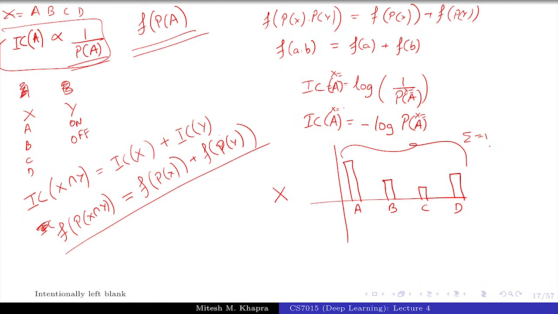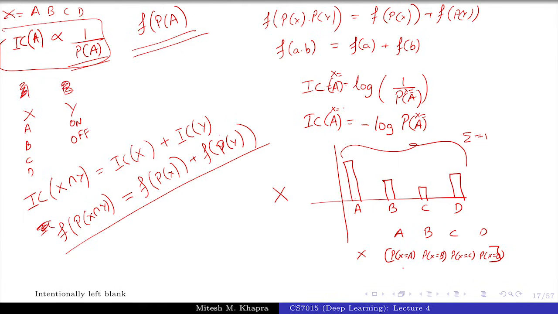I didn't need to draw this diagram, I should have just done this. So x is a random variable which can take these 4 values, and with each of these values I have a probability associated. So these are the values, these are the probability values.